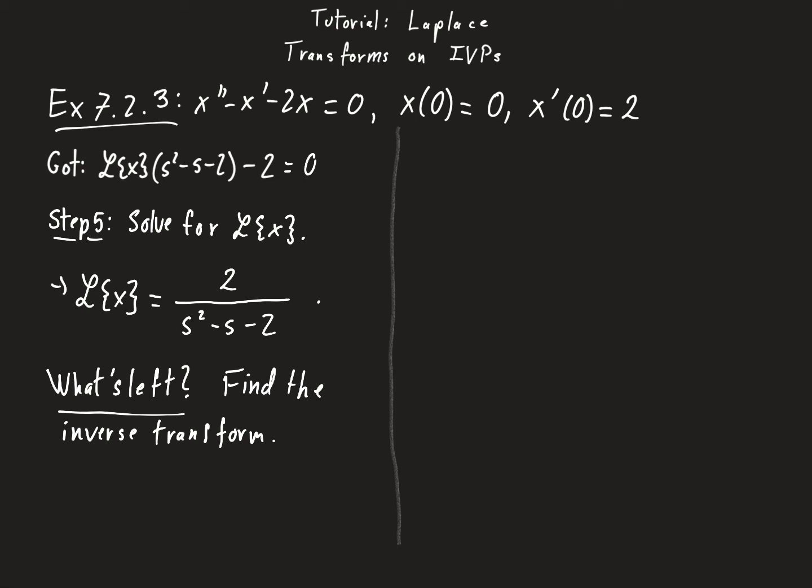I'm not writing this as step 6 because there are multiple steps involved with this. Specifically, with several of the problems, especially the ones that end up looking something like this, where you have some sort of big fraction with a polynomial in the numerator and in the denominator, very frequently the very first step you need to take to find the inverse transform is to just get partial fractions.